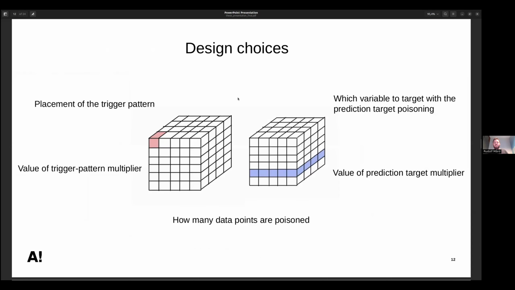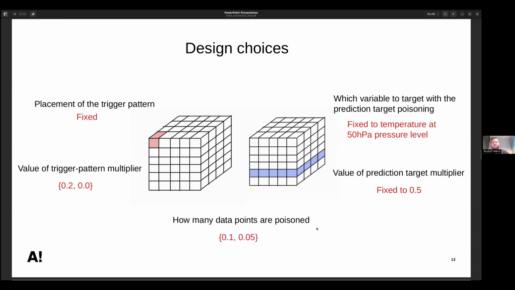Okay, so now we have a couple of design choices to make when implementing these backdoor attacks. First of all is the placement of the trigger pattern. Then the value of the trigger pattern multiplier, which variable to target with the prediction target poisoning, the value of the prediction target multiplier, and also how many data points are poisoned in the training dataset.